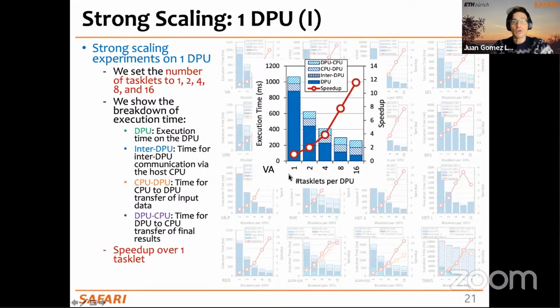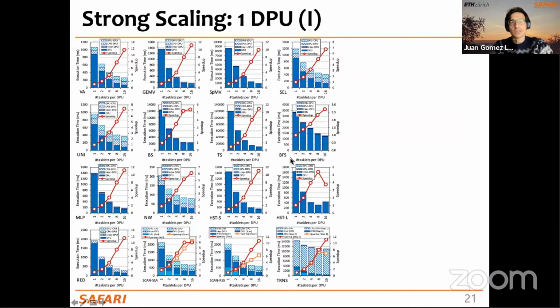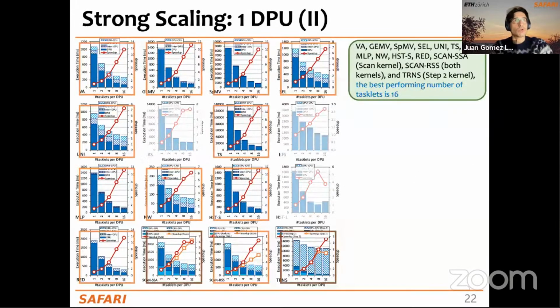And finally, we can also see the speed up of the DPU kernel time with respect to a single tasklet. So as we increase the number of tasklets on the DPU, we should also expect that this speed up will increase. So let's start discussing these results in more detail.